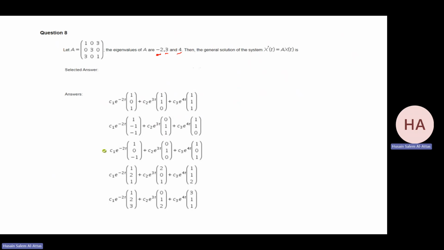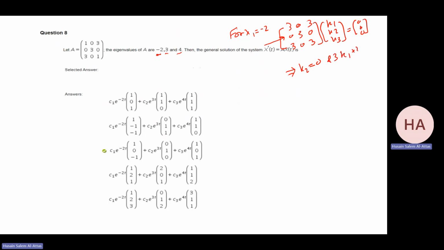Okay, so for lambda 1 equal to minus 2, what will be the system? 1 minus minus 2, that will be 3, 0, 3, 0, 3, 0, 3, 0, 3 times K1, K2, K3 equals 0, 0, 0. So I have K2 equals 0 from this, and I have 3K1 plus 3K3 equals 0.